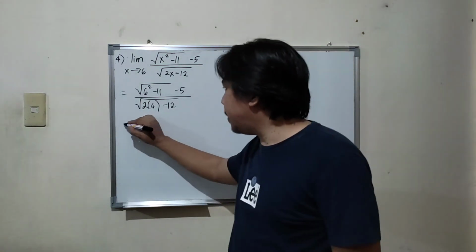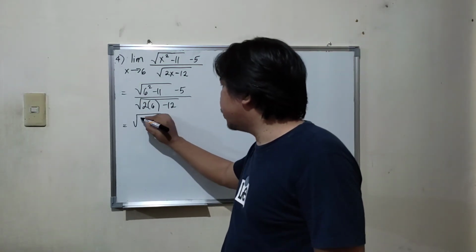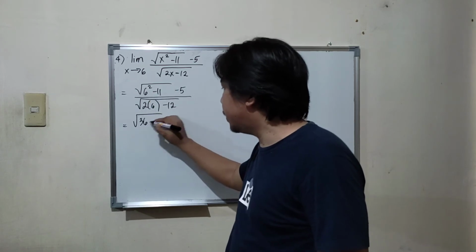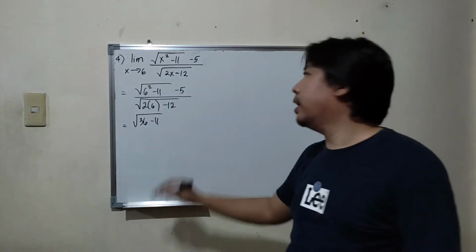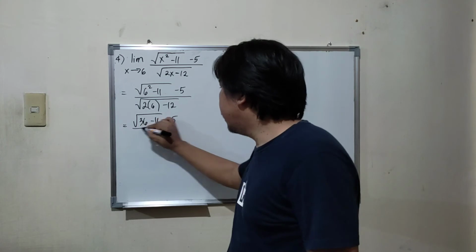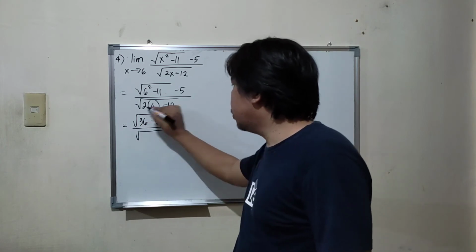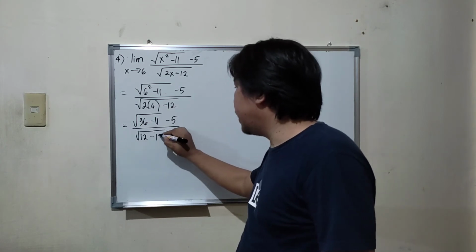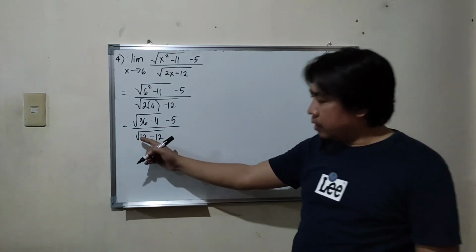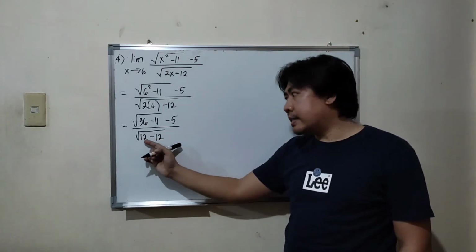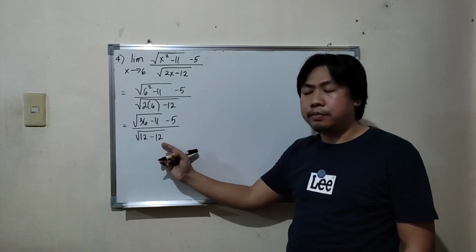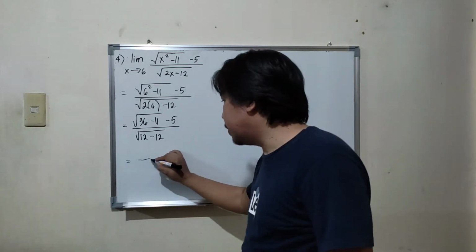Okay, so just simplify. We have the square root of 6 squared, that is 36, minus 11, minus 5, over the square root of 2 times 6, that is 12, minus 12. The denominator is 0, since square root of 12 minus 12 is equal to 0.